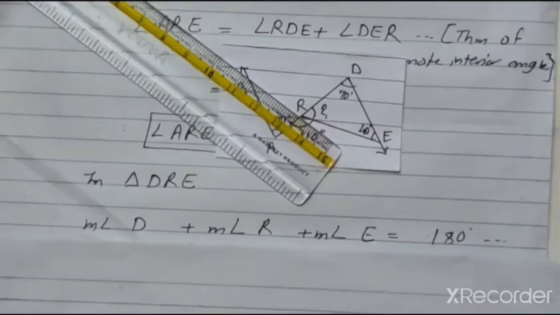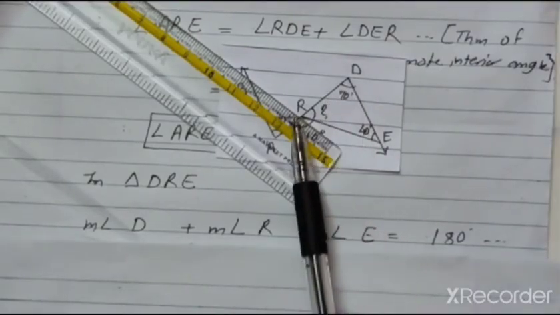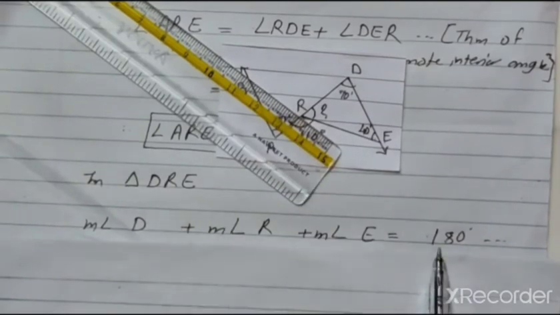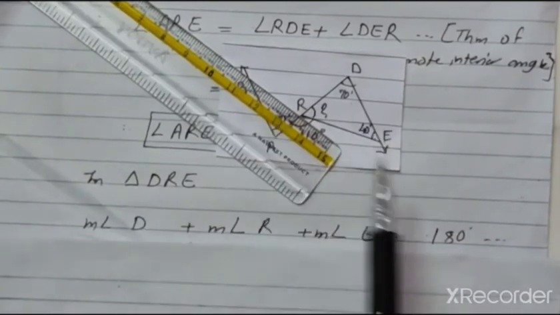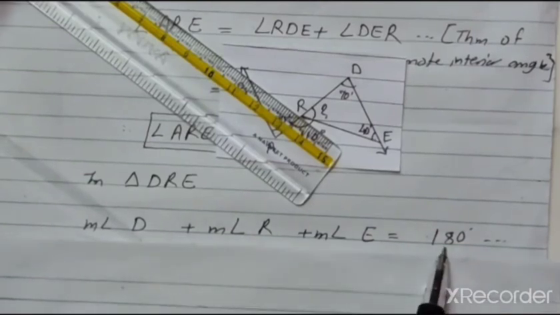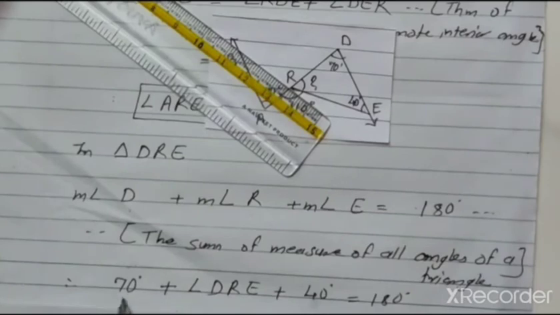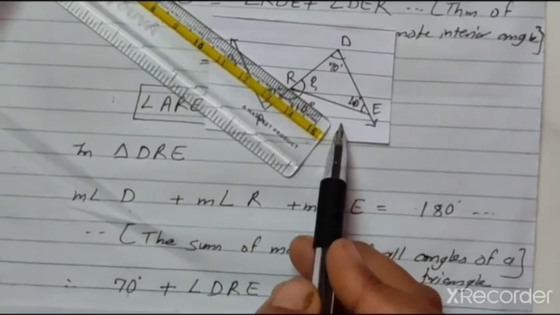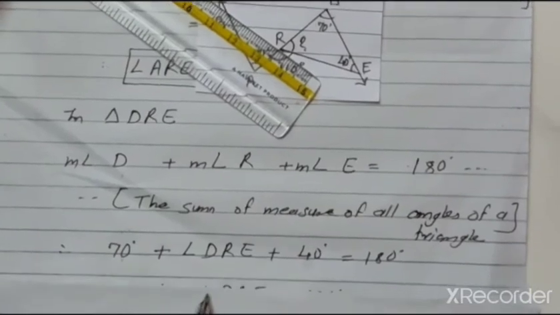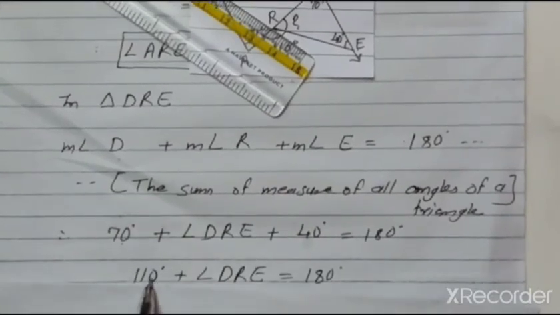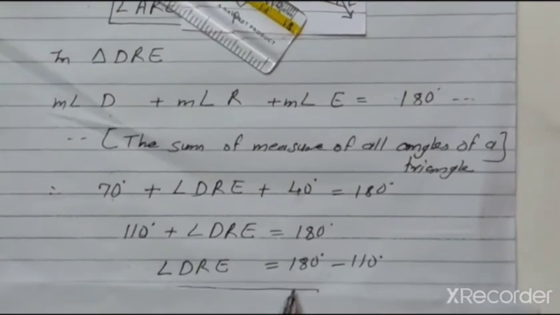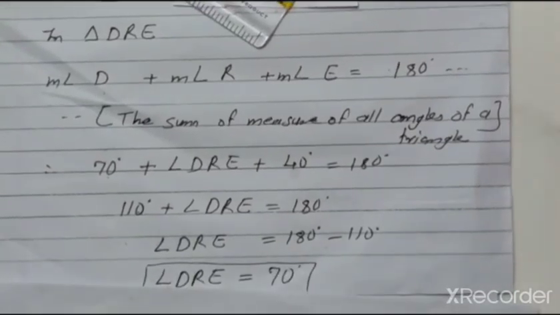I am using our first method, that is the sum of the measures of all angles of a triangle is 180 degrees. So in this triangle DRE, angle D plus angle R plus angle E is equal to 180 degrees. This is the substitution from this figure. So 70 plus 40 is equal to 110. Take this value to the right hand side. It will become minus and its subtraction is 70 degrees.